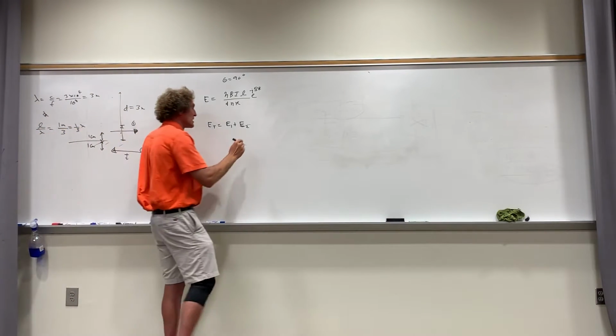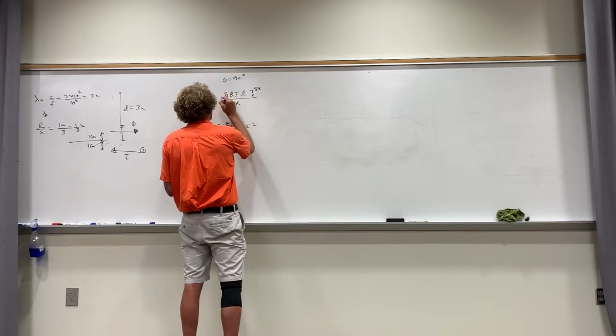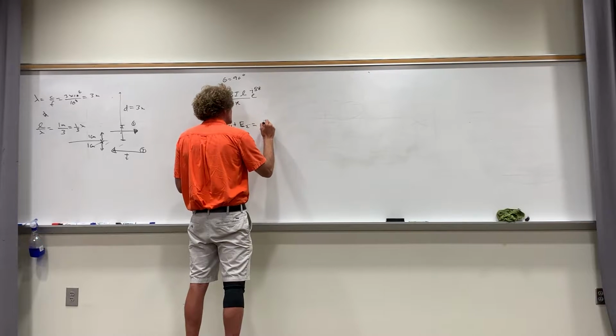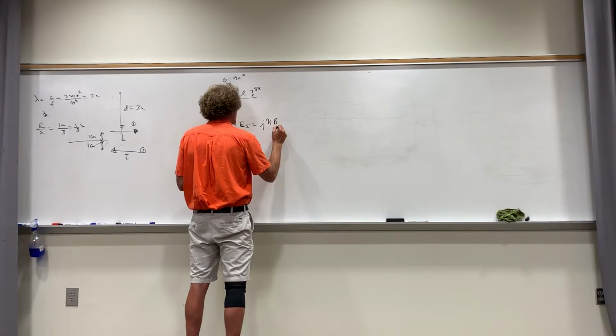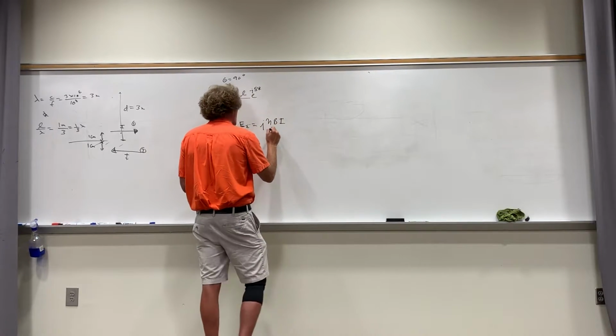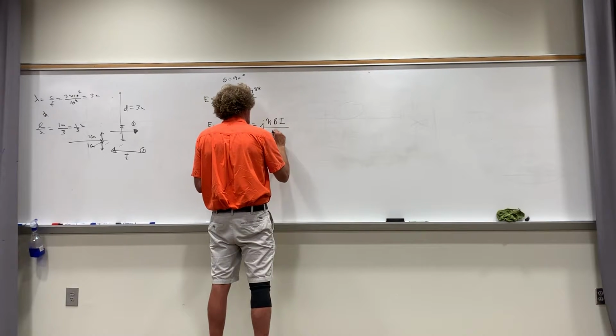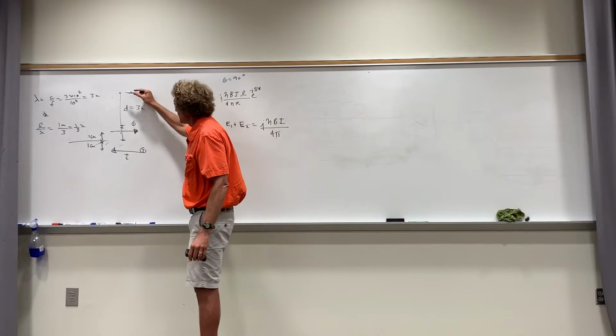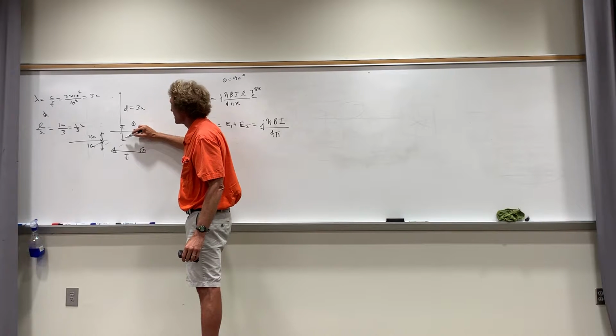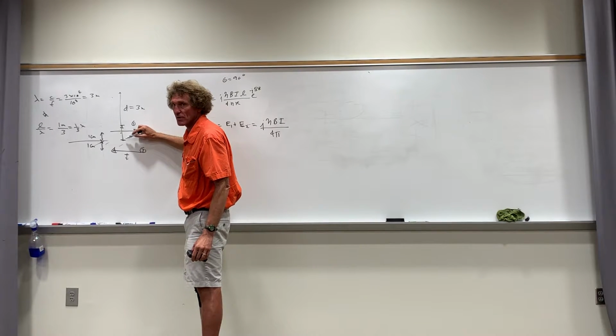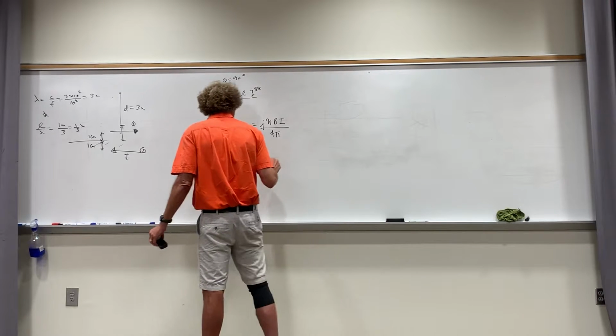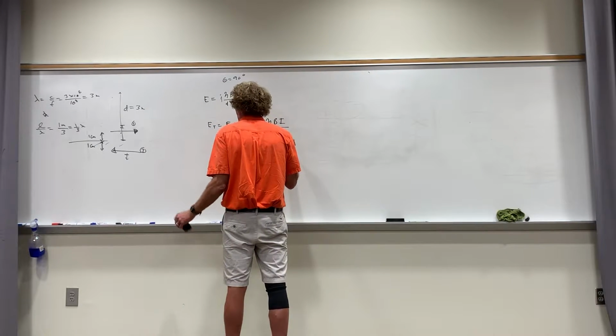So if I take a look at the total, maybe I'll leave the j here just for completeness, I have j eta beta I, same I, over 4 pi r, and I'm going to make the contention that 3 meters plus or minus a centimeter is about 3 meters when it's 1 over it. So the 1 over r distance does not vary in any way, shape, or form substantially. Do you all agree with that, class? So I'm just going to leave it as r, or better yet, leave it as 3.